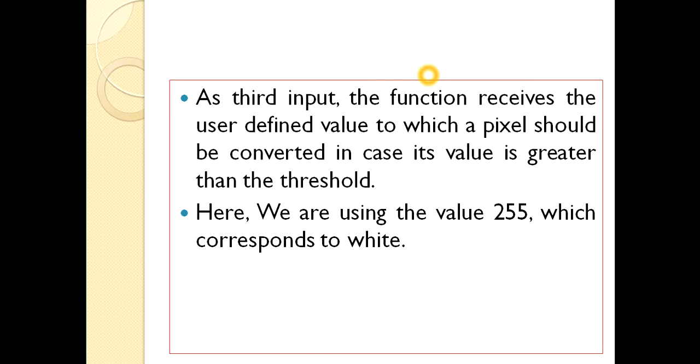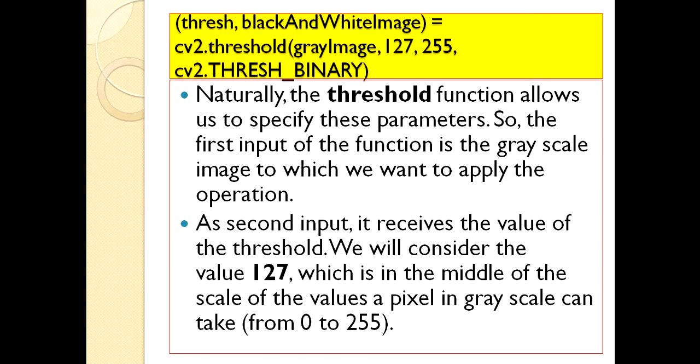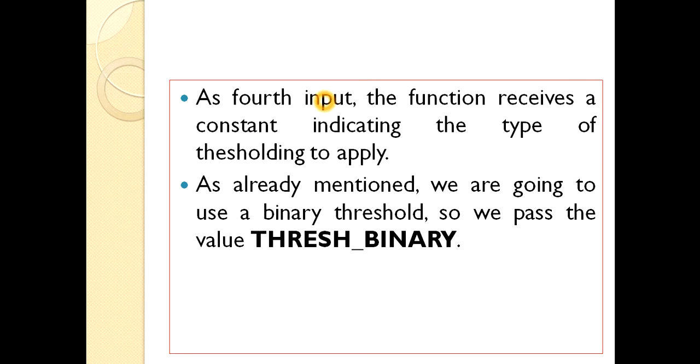Then the third input, 255, is the user-defined value to which a pixel should be converted in case its value is greater than our threshold value 127. If the value is greater than 127, it will be converted into 255. Then the fourth is THRESH_BINARY, as we are using binary thresholding. This fourth input indicates which type of thresholding you are applying.